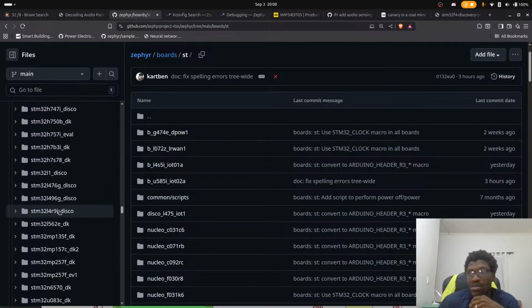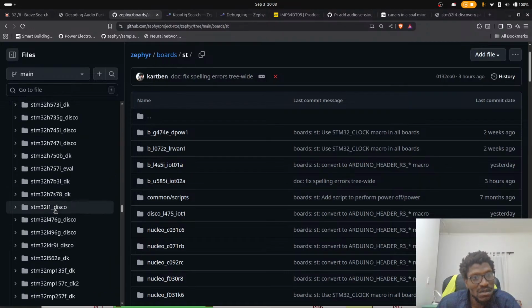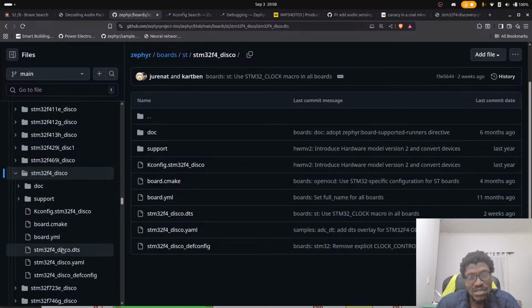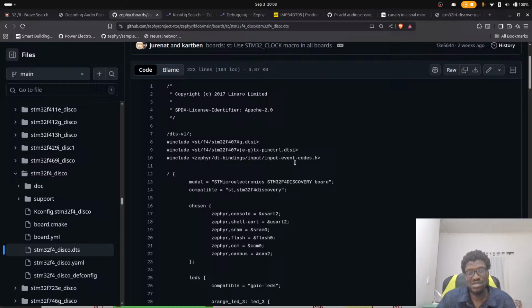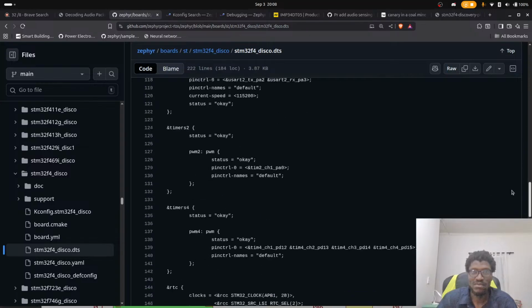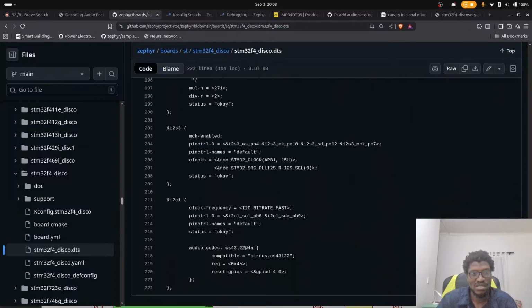ST makes a lot of boards. And it wants us to go to line 206. Yeah. And this is I2S3, and we can see clocks are set up there, and let's see the pins. I2S3 PA4, PC10, PC12, PC7. So it is enabled.